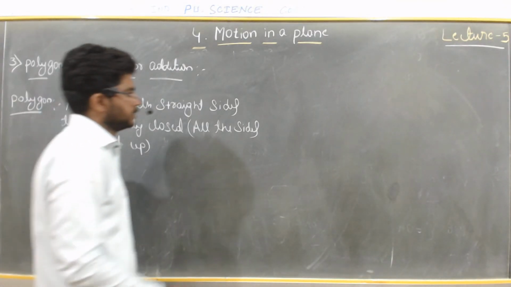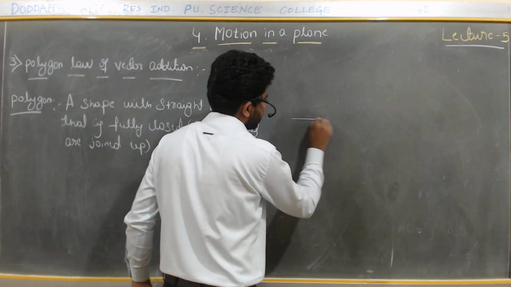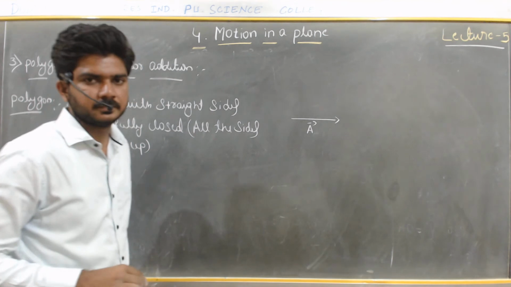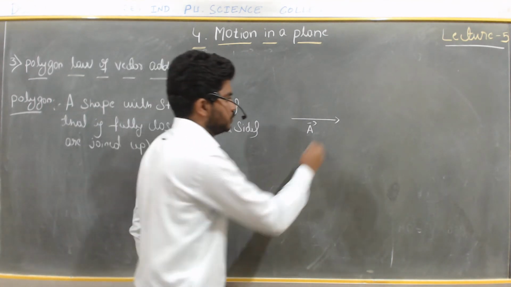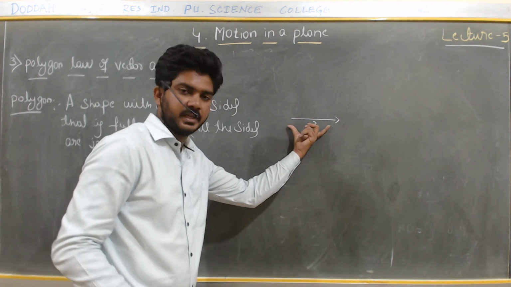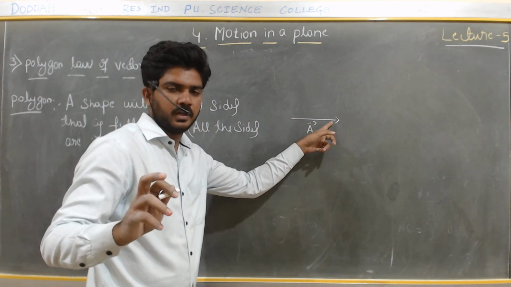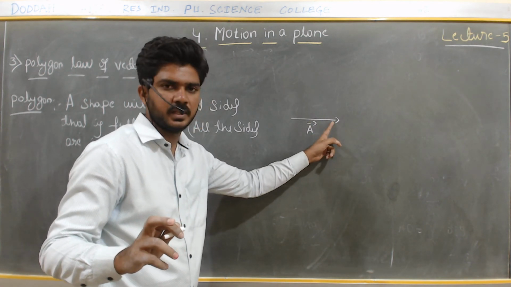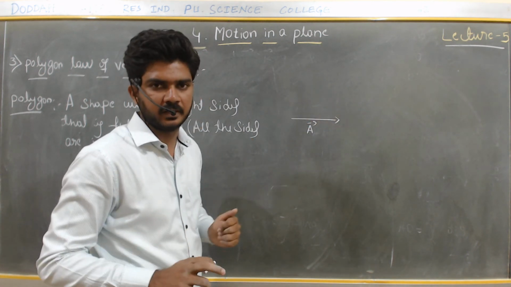See here. First, I will take a vector A. Next, another vector should be joined up. See, again we are taking that condition. The head of the vector should coincide with the origin of the other vector.